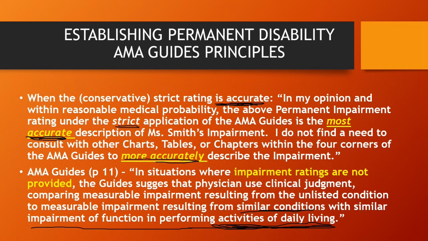All of those injury conditions can cause a similar impairment of function for lifting activities, and whereas the AMA guides may provide for a very conservative or low impairment rating for the listed condition, such as the lumbar spine injury or such as the shoulder injury, they do not provide for an impairment rating for the loss of function caused by that particular injury condition.